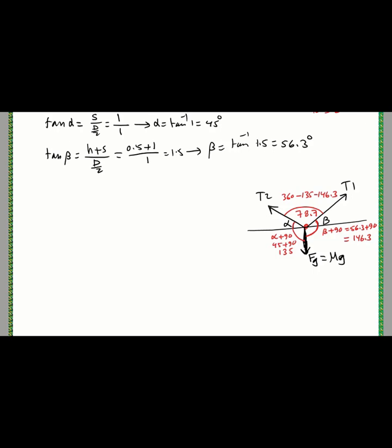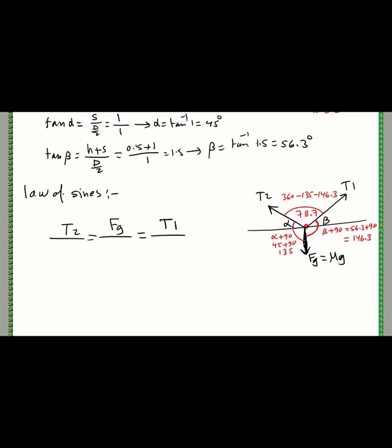Now, Lamy's rule or law of sines. Start with Fg over sine equals T1 over sine equals T2 over sine, and we now need to put in the angles. What are the two angles around T1? It's 78.7 and 146.3.